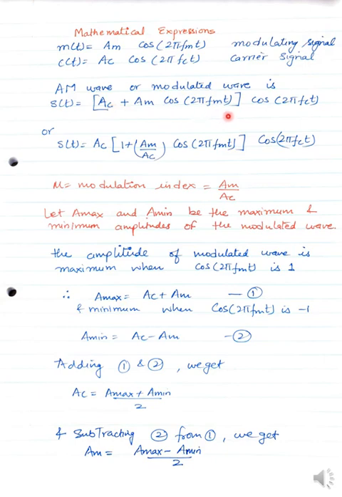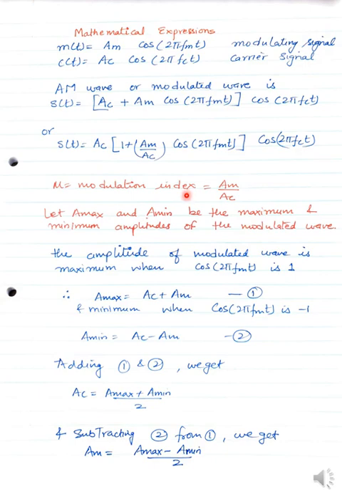So AM wave or modulated wave is basically this: (Ac plus Am cos 2 pi fm t) cos 2 pi fc t. You need to remember what is AM, what is your SSB, and what is your DSB. So when you do this, we can take Ac common out from here, and it will be 1 plus Am divided by Ac cos 2 pi fm t, cos 2 pi fc t.